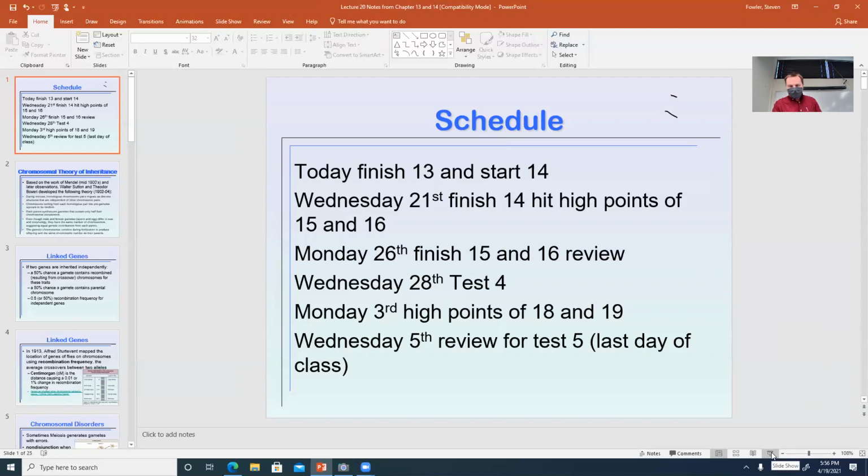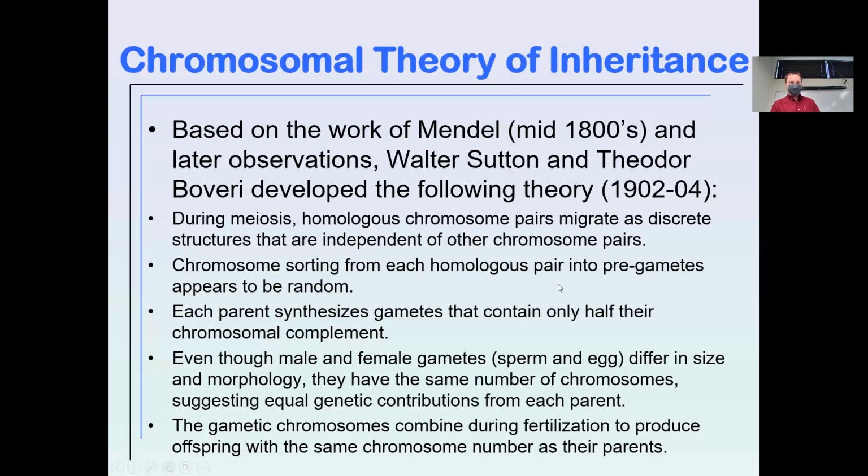Okay. There's not a ton to chapter 13. We finished up here last time, and what we're going to try to focus on today is to get a handle on what science did in about the 100 years between when Mendel conducted his experiments with the peas and made some really remarkable determinations.